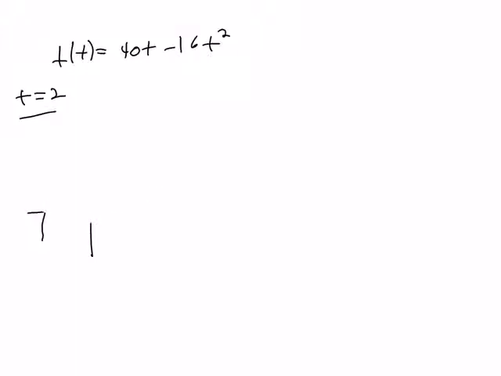So if we want to do this perfectly, we have to find the slope of the tangent line at t equals 2, which we know how to do.